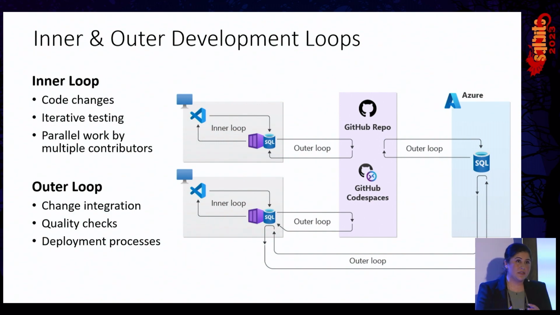So you might be testing certain things, building the application, connecting the database. That's from a particular developer's perspective. The outer loop may involve many processes and many other things. That might involve going to the GitHub repo, using PRs, some process around that. It might even involve GitHub Codespaces.